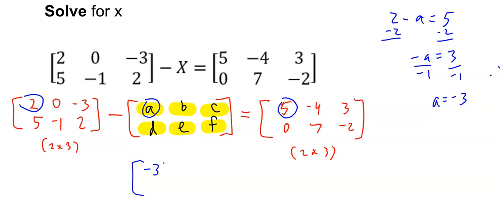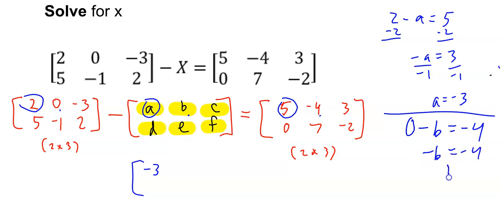And again, you can just keep setting up more equations. So for the next equation, it would be 0 minus B equals -4. So negative B equals -4. So B equals 4. So that one is 4. And let's try to do some of these in our head.